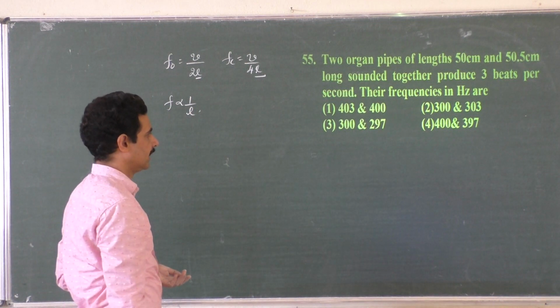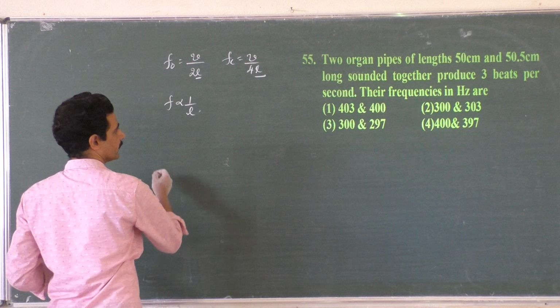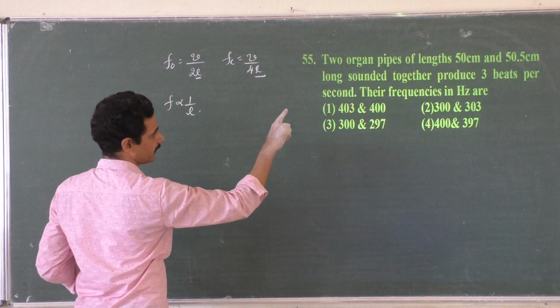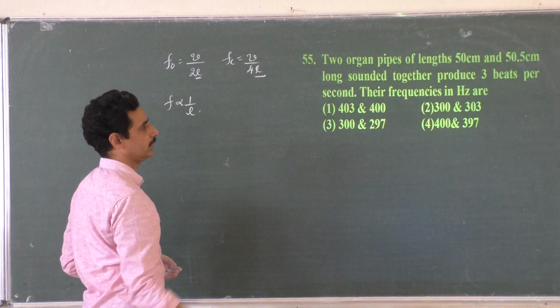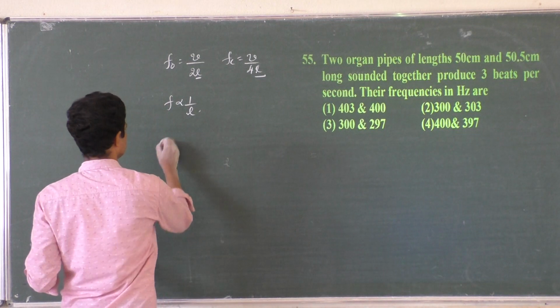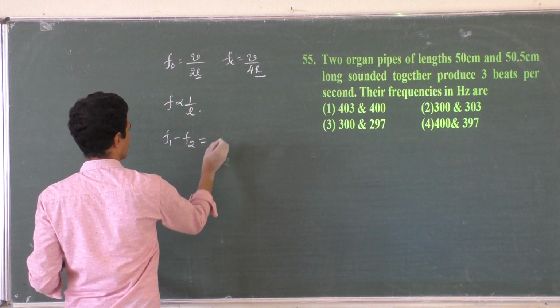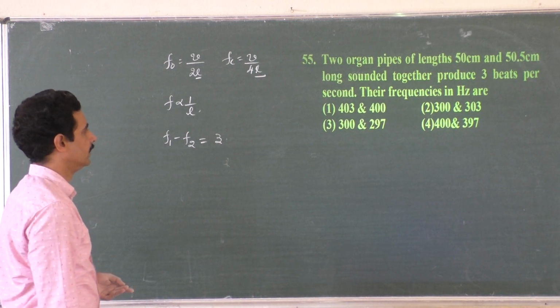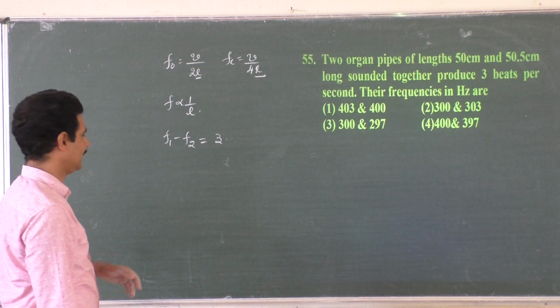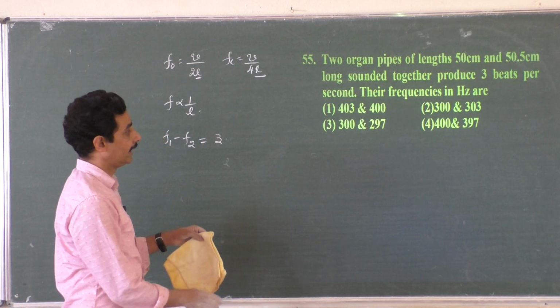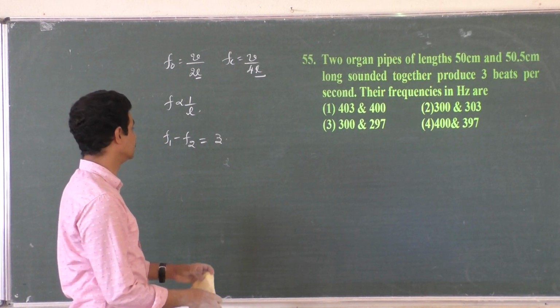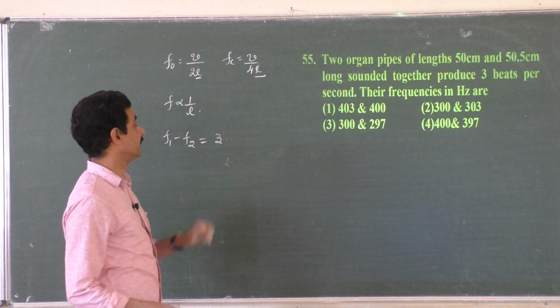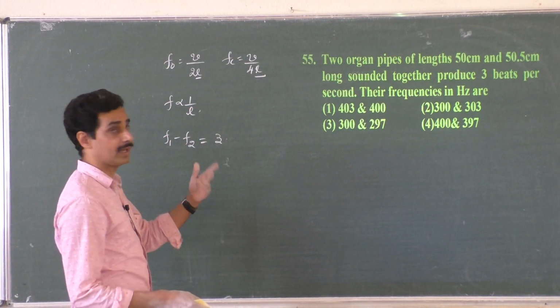That means, if I want to write beats, I will take the second one 2, first one 1, 50 and 50.5, equal to 3. Length, velocity, nothing is given. So you can't write this formula, V by 4L, because V and L are not given.